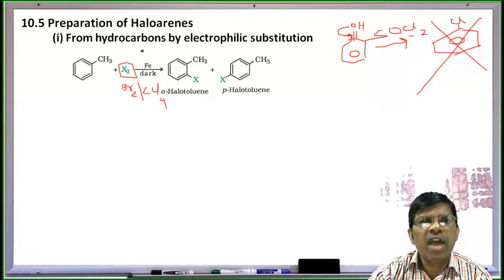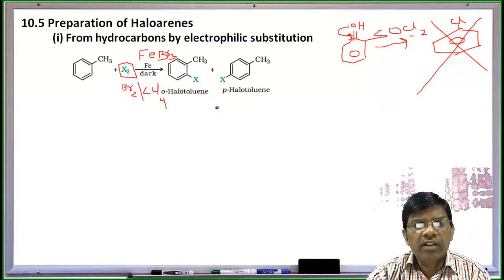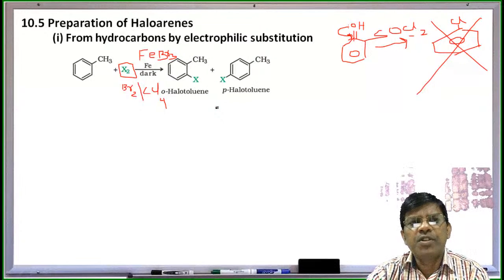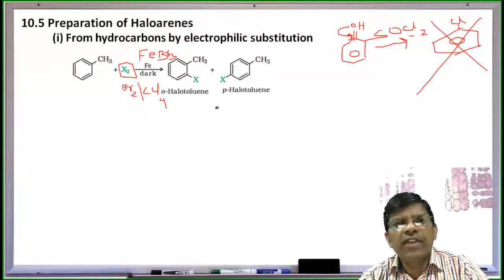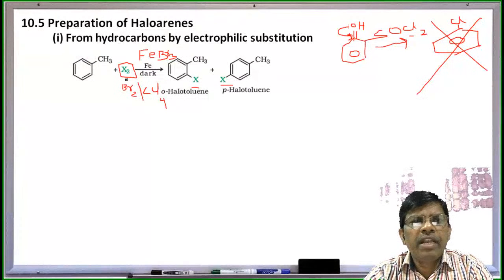However, you have to add a Lewis acid like ferric chloride, ferric bromide or iron so that it undergoes electrophilic aromatic substitution, where it undergoes aromatic halogenation. You can take bromine or chlorine.